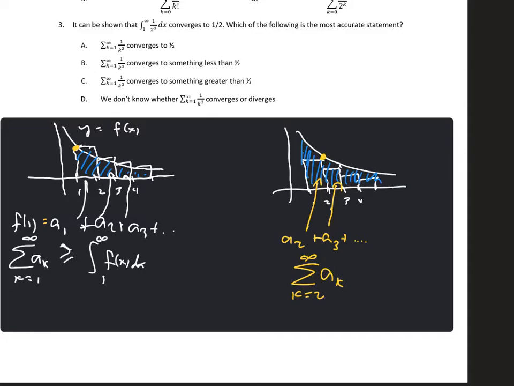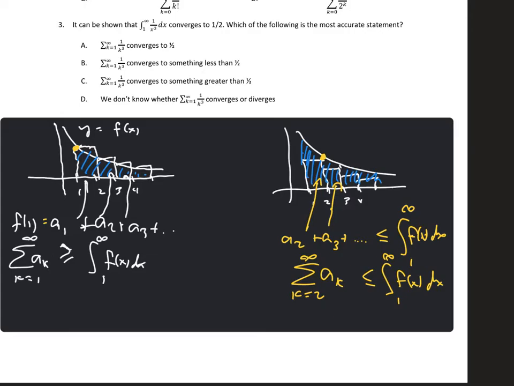And from the picture, I can see that the sum of those rectangles is less than the blue shaded area, and the blue shaded area is going to be the integral from 1 to infinity of f of x, the continuous function. And so both of these inequalities are true as long as our picture looks like this, where the curve is decreasing the whole time.